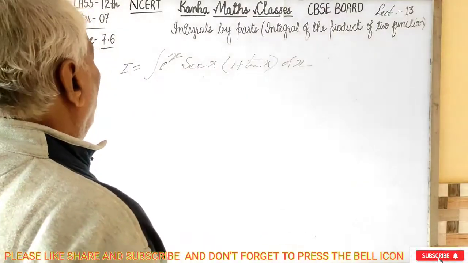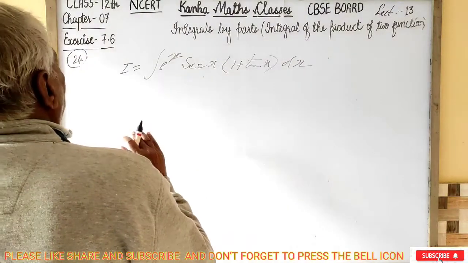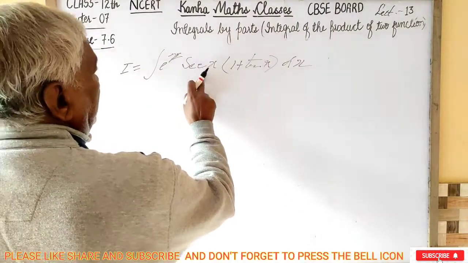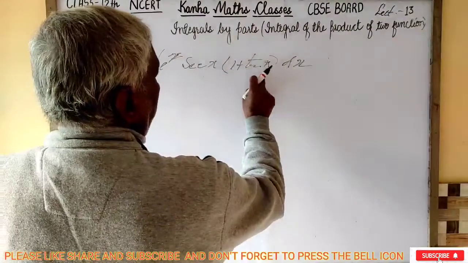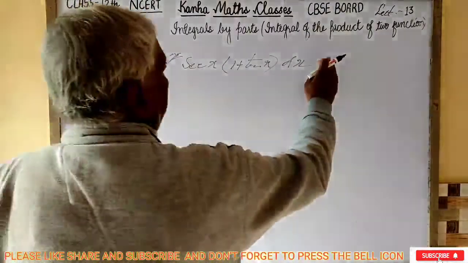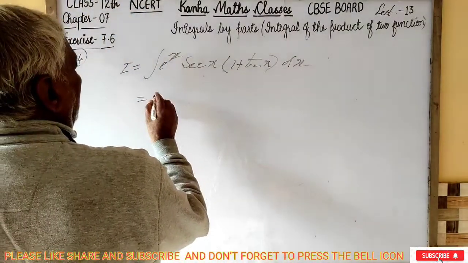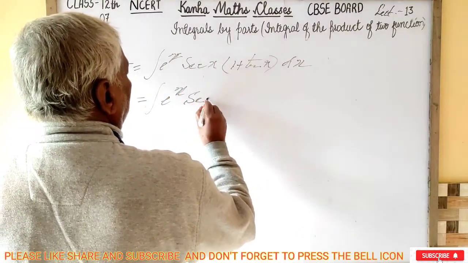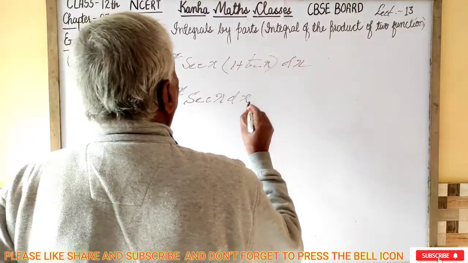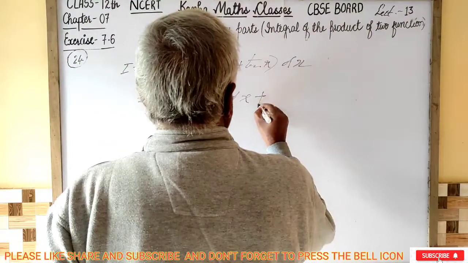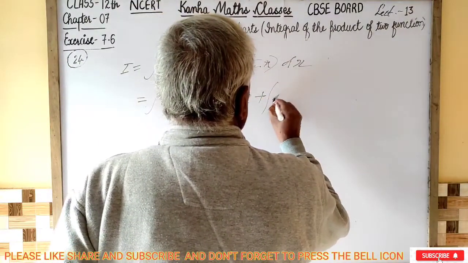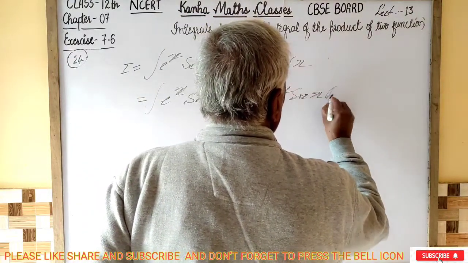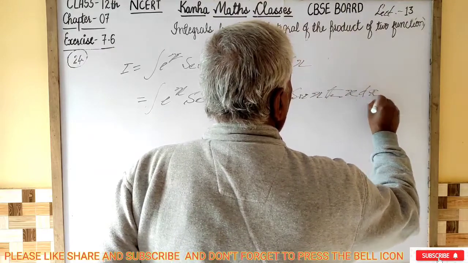Now we will try to find out the integral of question number 24, that is I equals integral e to the power x sec x within the bracket 1 plus tan x dx. We will bifurcate this integral into two integrals, that is e to the power x into sec x dx and further e to the power x sec x tan x dx.